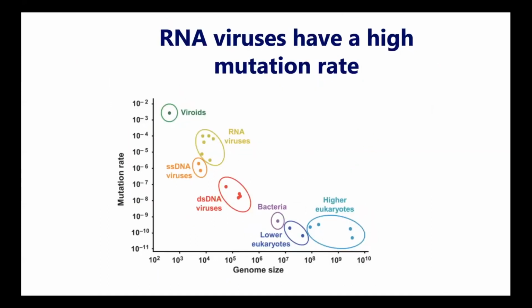And I should point out that the rates of mutation are a function of the magnitude of replication and the fidelity of the replication. And higher eukaryotes, double-stranded DNA genomes, whether bacteria or higher animals, have a proofreading mechanism that corrects some errors and reduces the mutation rate.